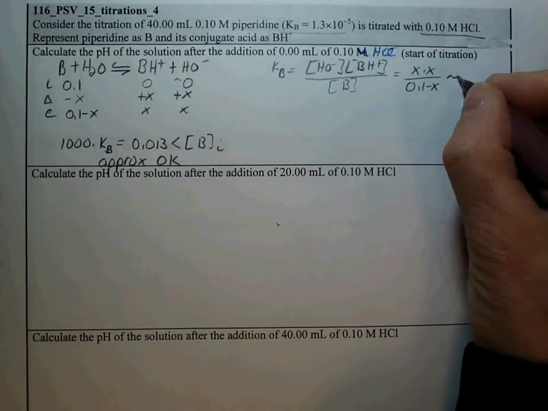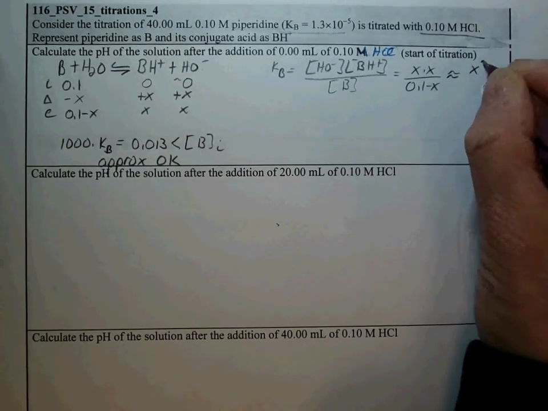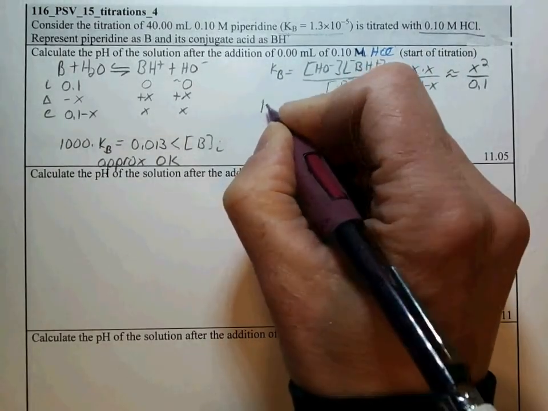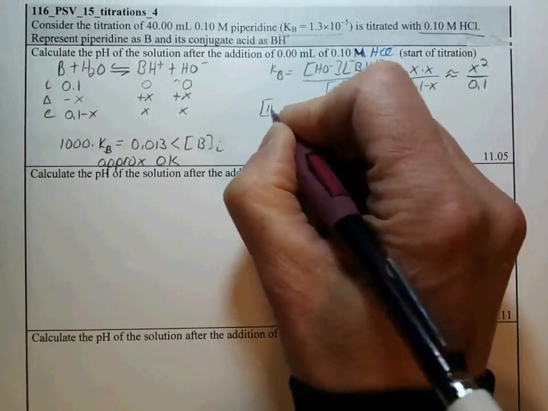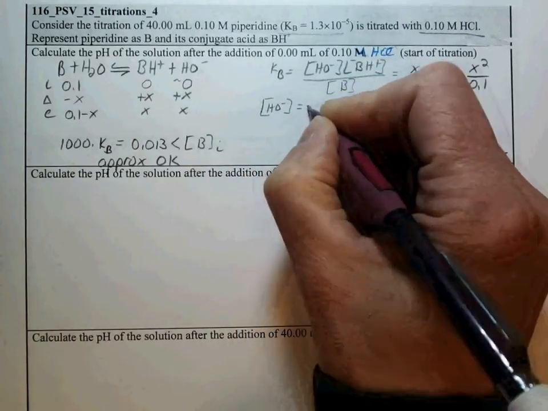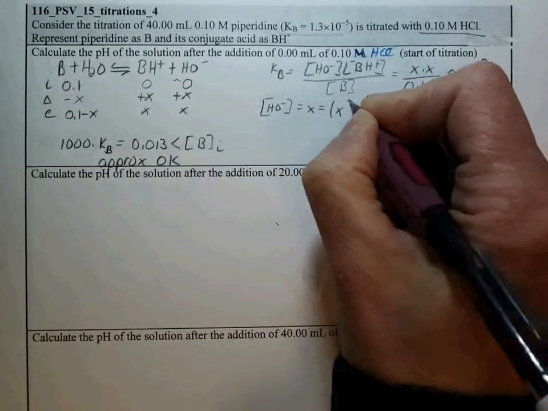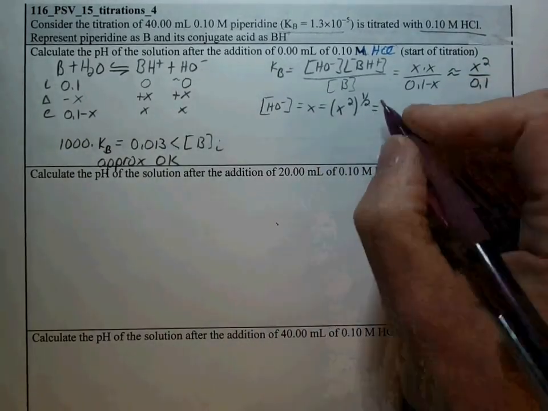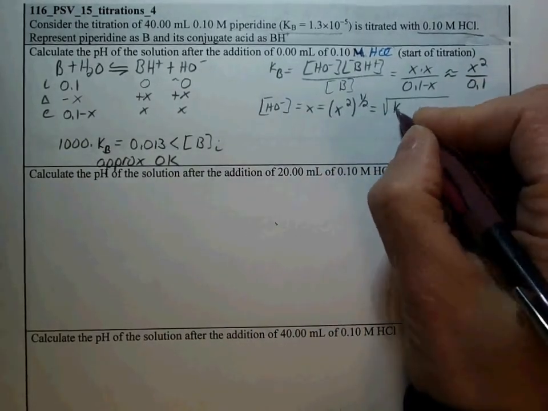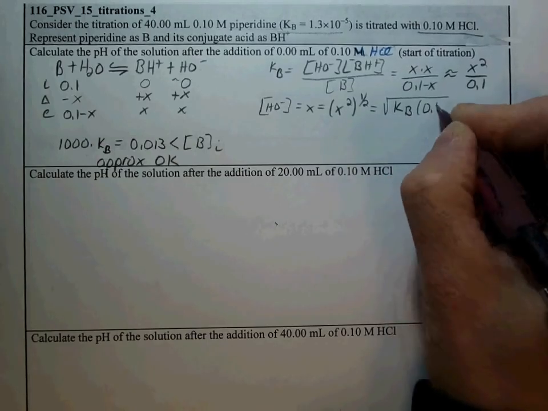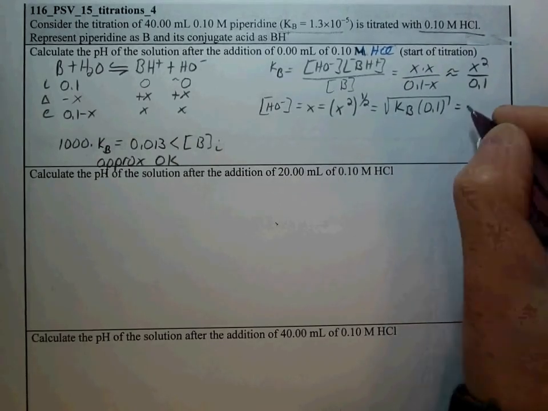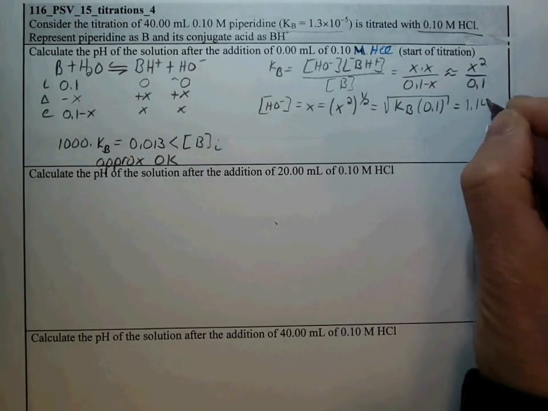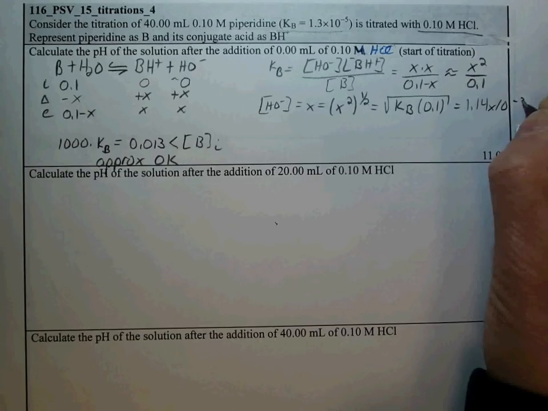Alright, so Kb is approximately equal then to x squared over 0.1. We're going to solve for x, because that's our hydroxide ion concentration, and we find that by taking the square root of Kb times 0.1, and that's equal to 1.14 times 10 to the minus 3.